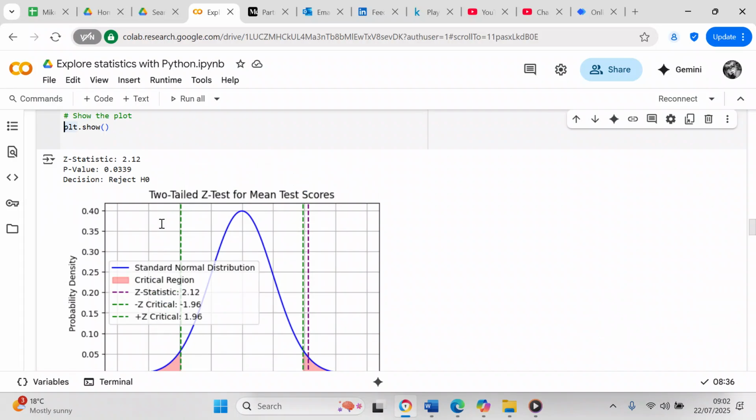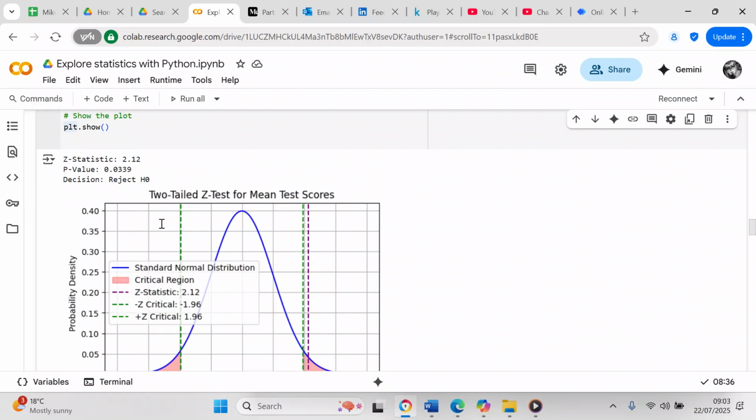So the z-statistic is 2.12, the p-value is 0.339, and basically the p-value is less than the significance level of 0.05. Since it's less than the significance level of 0.05, you have to reject the null hypothesis and accept the alternate hypothesis.